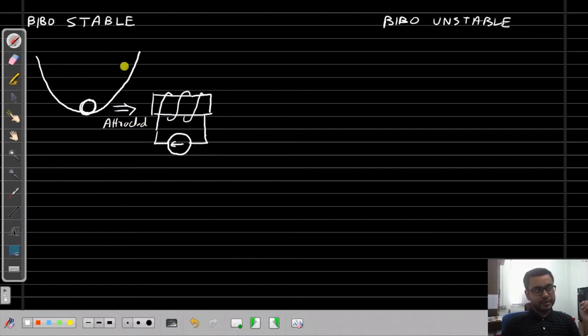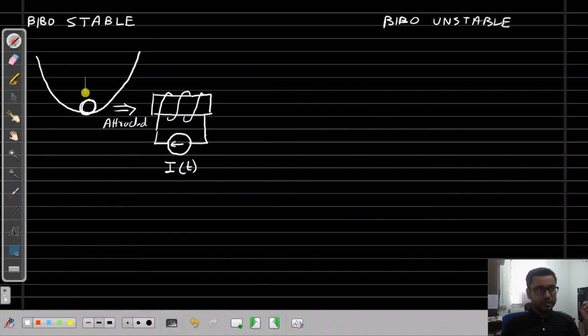Now this is a system and the input to my system is this current i(t). If you give more and more current i(t), then the force of attraction will be more and more, and this sphere will go towards the right more and more.